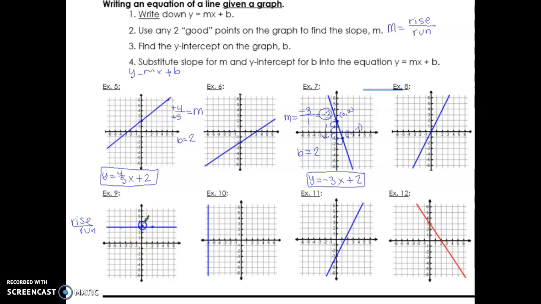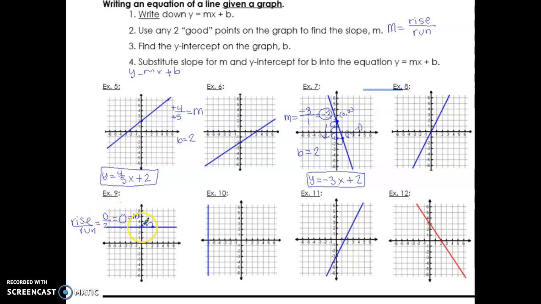So what's our rise? To get from this point to this point, how far do we go up or down? Well, we go 0 places up or down, right? So my rise is actually 0, and then my run is 1 and 2 units. But when you divide 0 by any number, you get 0. So our slope, or our m, is actually 0.